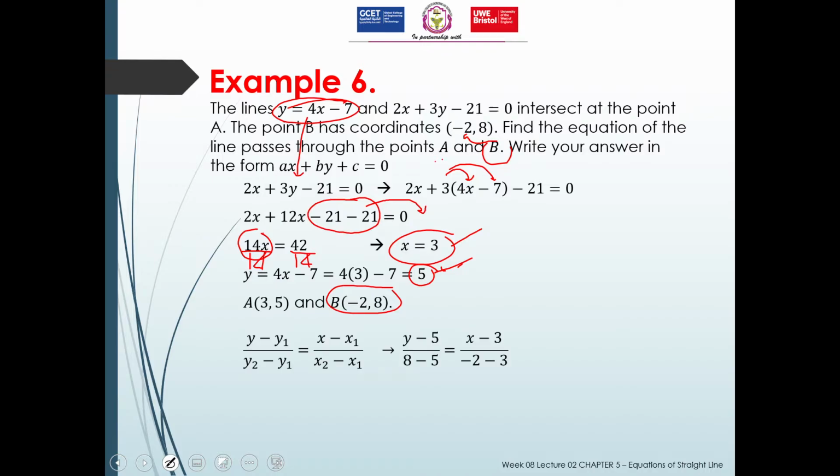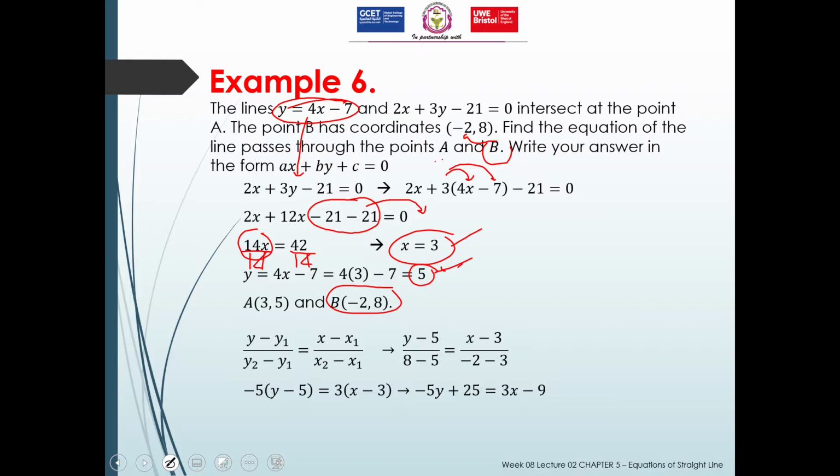So using the two-point form of the equation of the line, we get y minus y sub 1, which is y minus 5, over y sub 2 minus y sub 1, this is 8 minus 5, equals x minus x sub 1, that's x minus 3, over x sub 2 minus x sub 1, that's negative 2 minus 3.